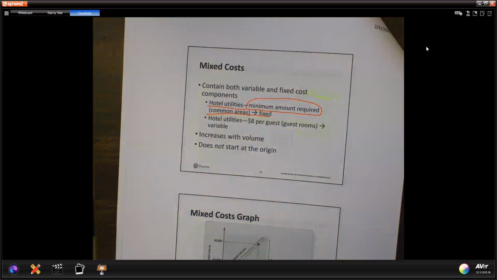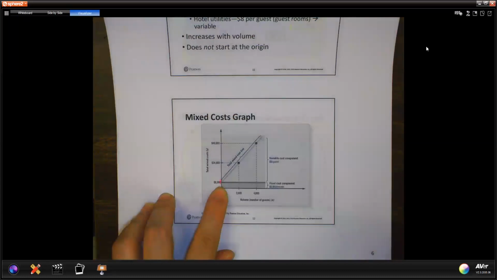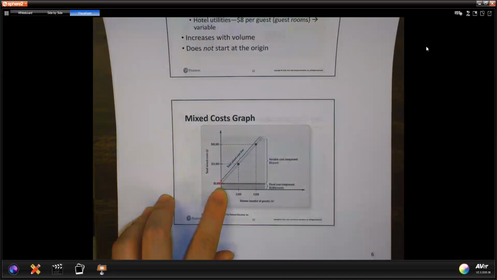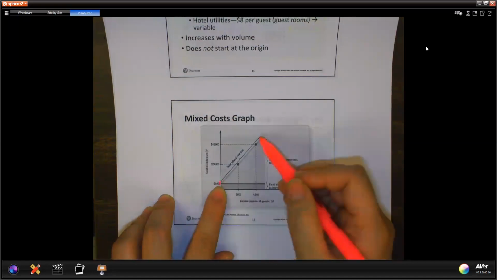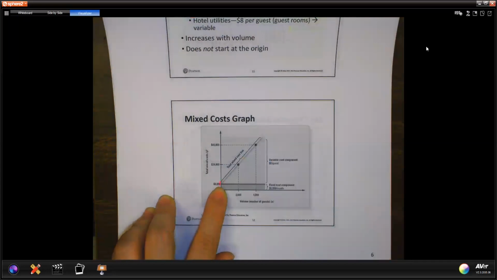Last thing, if I combine those two, that will be the mixed cost. You have a portion of fixed cost, a constant portion of your total cost no matter what you do. And then the more activity you do, the higher cost you have to pay. So this is the normal life, right?